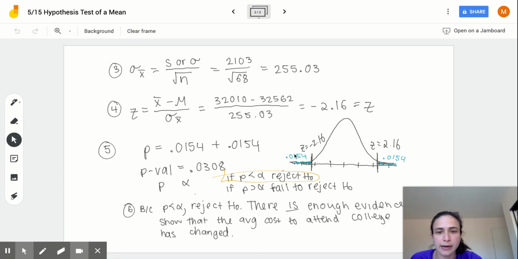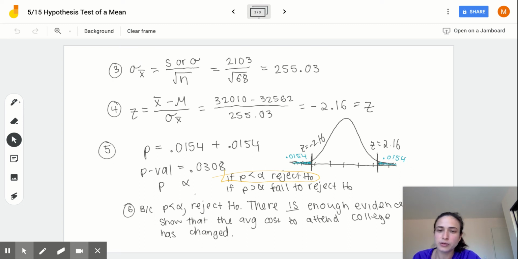So what I did then was look up this z-score in the chart. I highly recommend you look up the negative one. If you look up the positive one, you're going to have to subtract from 1. So it's just easier to look up the negative one, so that way you don't have to subtract from 1. If you look this up in the chart, you would get 0.0154. Now you could do the same here, look this up in the chart and subtract from 1, and I promise you would get 0.0154.